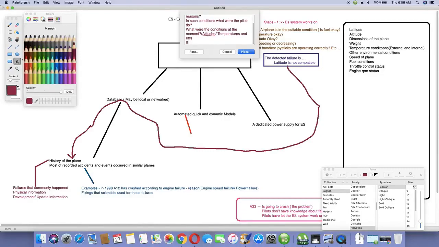And if any physical damages happened, using sensors, cameras, etc. Now you check that these damages happened.